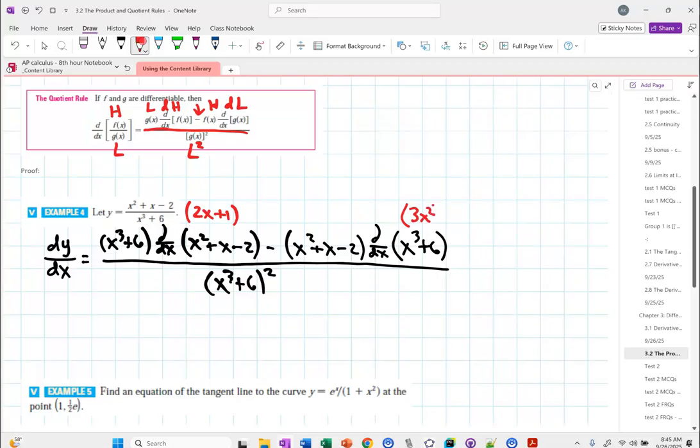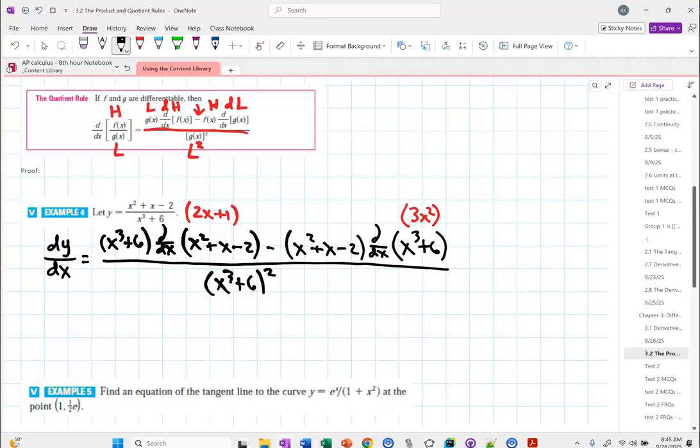So just in an effort of compacting my work a little bit, I'm going to write those things above the derivatives. Now I'm going to multiply things out, combine my like terms, and see if I can reduce it all. Technically speaking, at this point, the calculus is done. But I'm going to tell you right now, if this is a multiple choice question, there's no way that this is going to be the answer they're going to write down. They're going to FOIL everything out, combine like terms, reduce if possible, even.